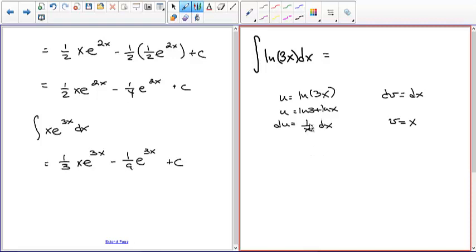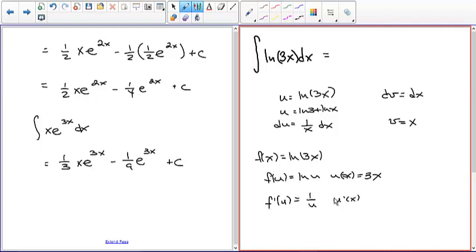And you're like, well, what happened to the 3? If I use the chain rule, if I said f of x equals the natural log of 3x, then f of u equals the natural log of u, u of x equals 3x. If I take the derivative, I get 1 over u, and here I get 3.